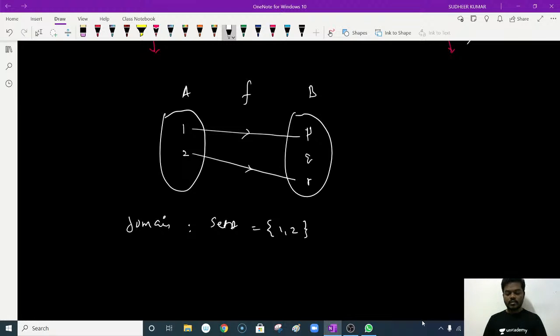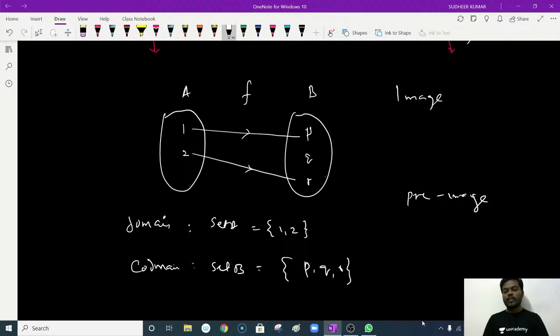Next, the next set is called the codomain. Codomain is set B. It is the set of P, Q, R. So here we have to discuss the image and pre-image. What is image and pre-image? If you know this concept, we can define the range of the function. So image: if 1 is associated with P when the function is defined from A to B, then P is called the image of 1.